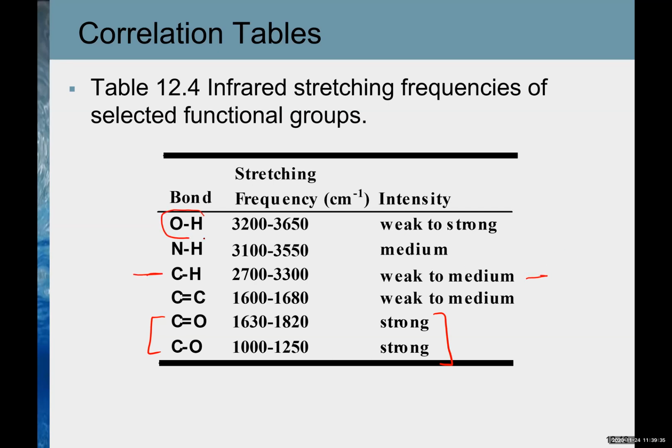And OH is a unique situation. The strength of the OH peak depends on whether it's hydrogen bonded or not. It can be anywhere from an extremely strong peak to a weak peak, depending on whether it's hydrogen bonded or not.